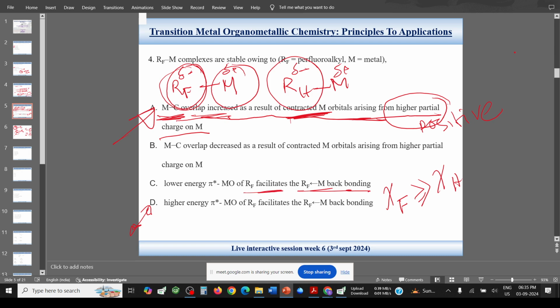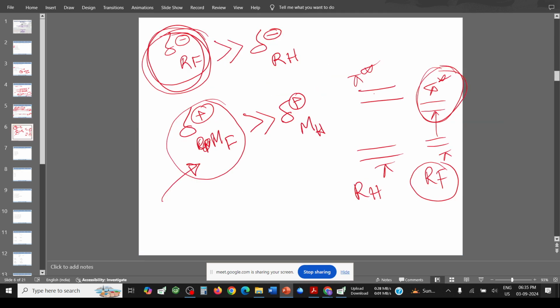So here two very important things happen. One is, because of the higher electronegativity of the fluorine atom, there will be more partial negative charge on R_F and more partial positive charge on the metal center, and because of this, their orbitals get contracted, which will facilitate more overlap with the ligand, the perfluoroalkyl.